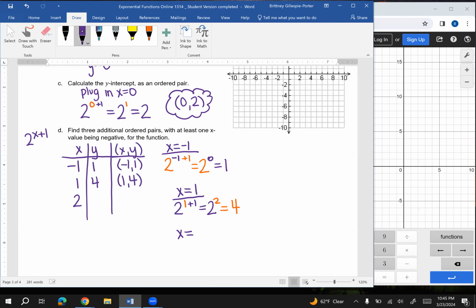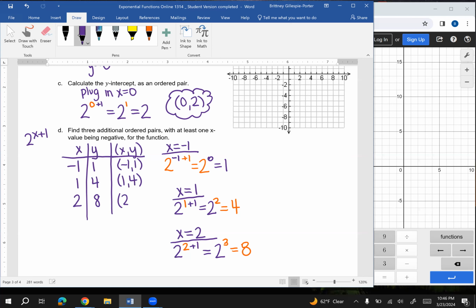Let's go ahead and plug in x equal to 2. We would have 2 to the 2 plus 1, which gets us 2 cubed, which is 8. Remember, it's 2 times 2 times 2, not 2 times 3.